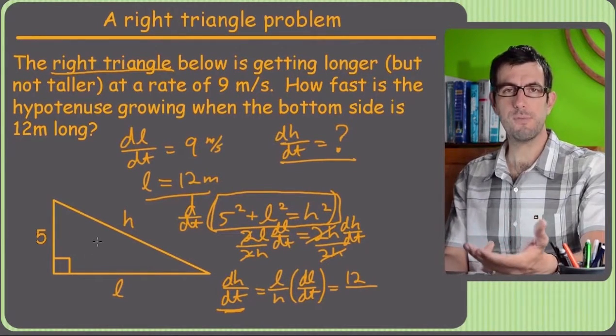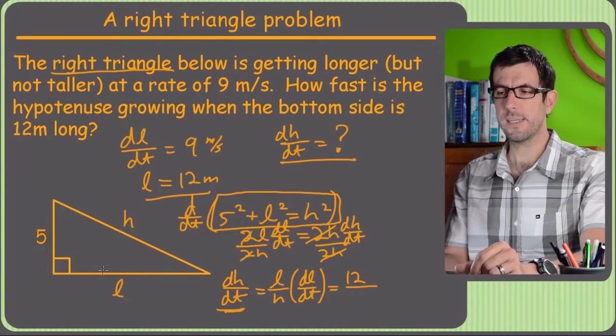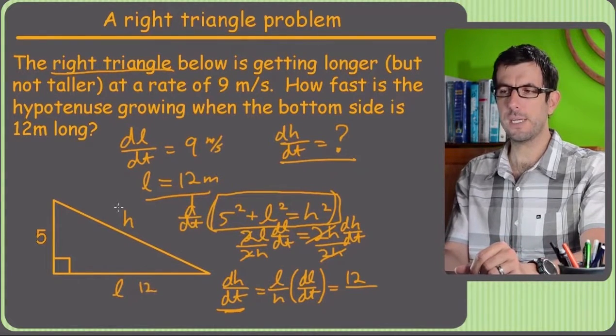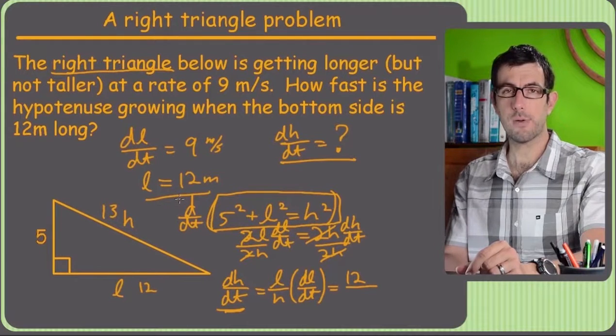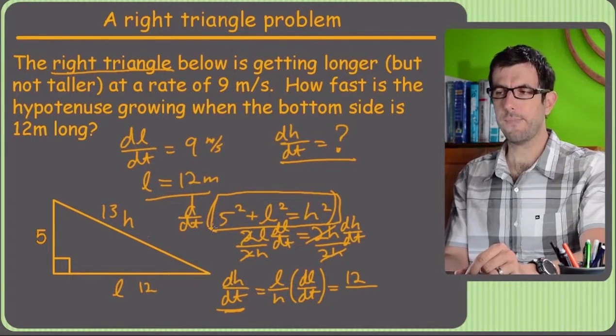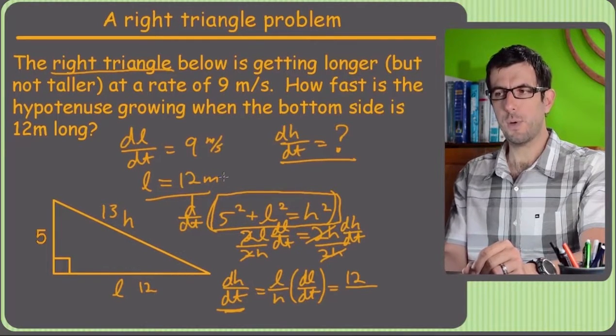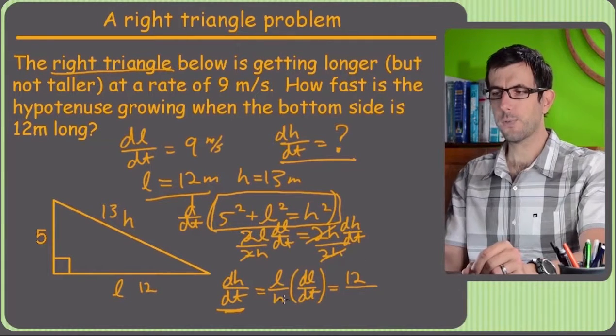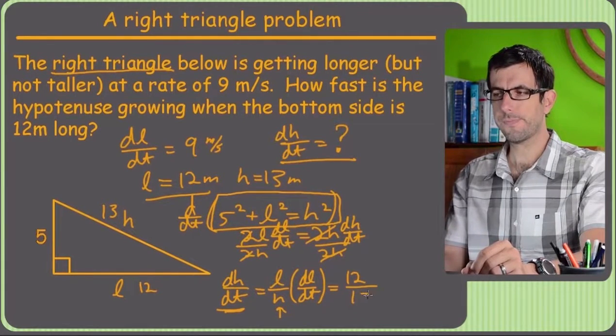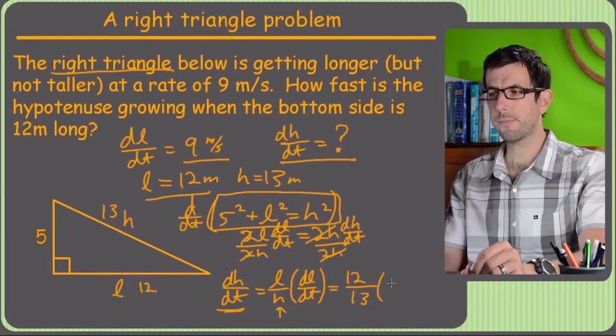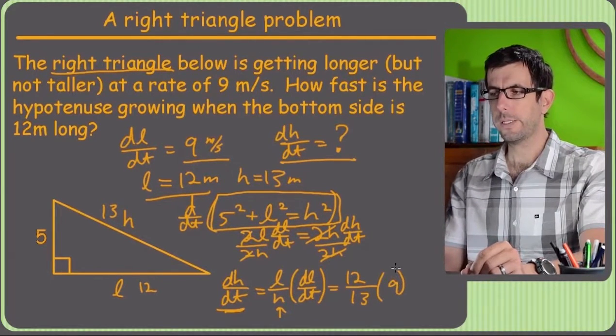And also, at this point you've probably studied for the SAT at least once, so you remember that 5, 12, 13 is a pretty common right triangle. And you can work that out with Pythagorean. Same thing would happen. So we got a 5, 12, 13. So that means that when L equals 12, H equals 13. So that's what we're going to plug in right here for H. And dL/dt we have is 9 meters per second. All right, so when we plug all that in, we get 8.3.